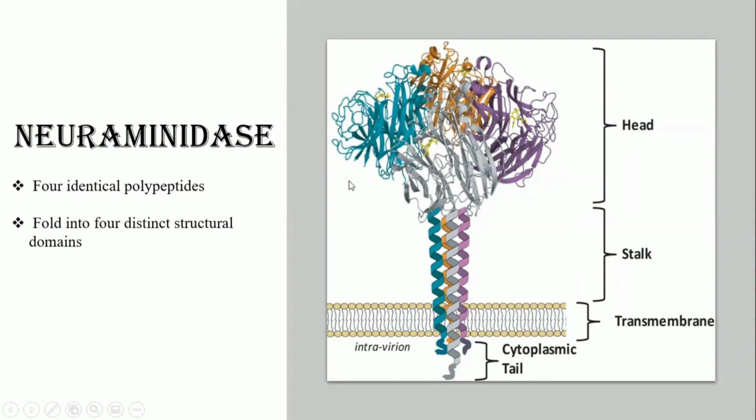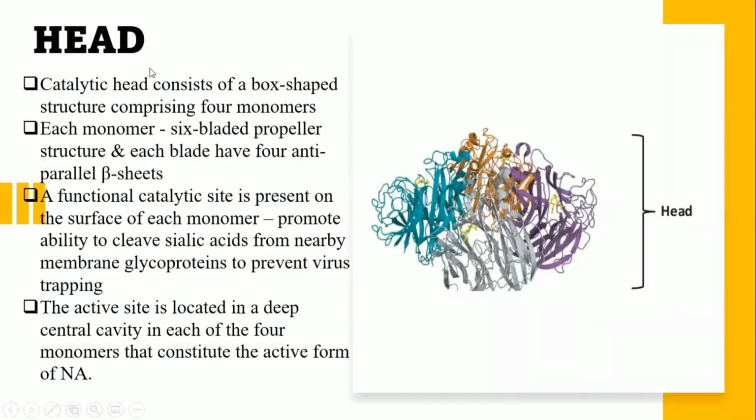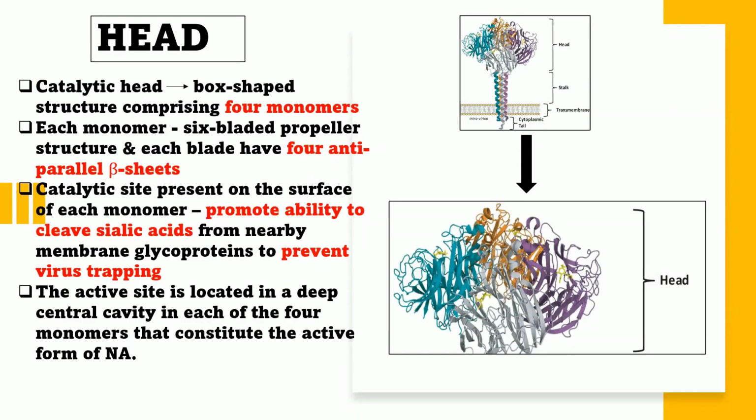We go first through the structure of the NA itself. The catalytic head of NA consists of a box-shaped structure with 4 monomers, and each monomer is in the form of a 6-bladed propeller structure, with each blade having 4 antiparallel beta sheets that are stabilized by disulfide bonds and connected by loops. A functional catalytic site is present on the surface of each monomer, and it is arranged sideward rather than upward.